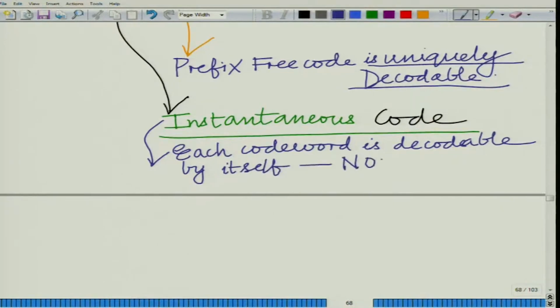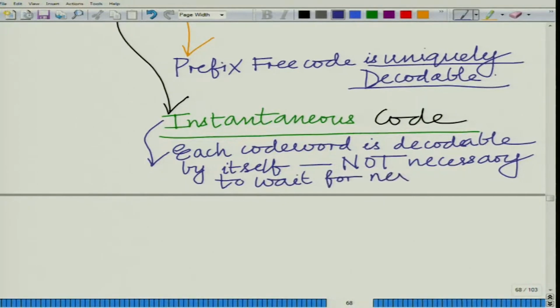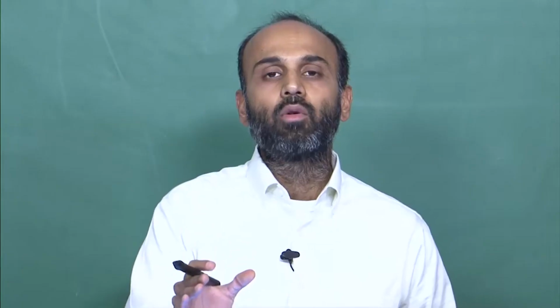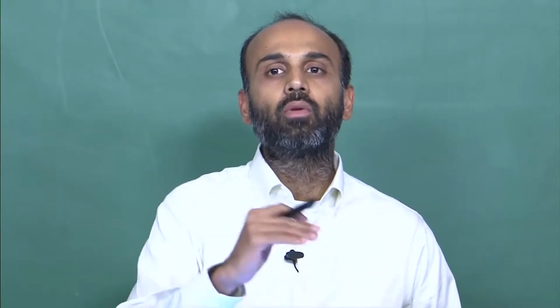It is not necessary to wait for the next code word. So, what happens in an instantaneous code is, if you look at each code word, the moment you look at a code word, it can be mapped to a symbol. You don't need to wait for the next code word to begin.